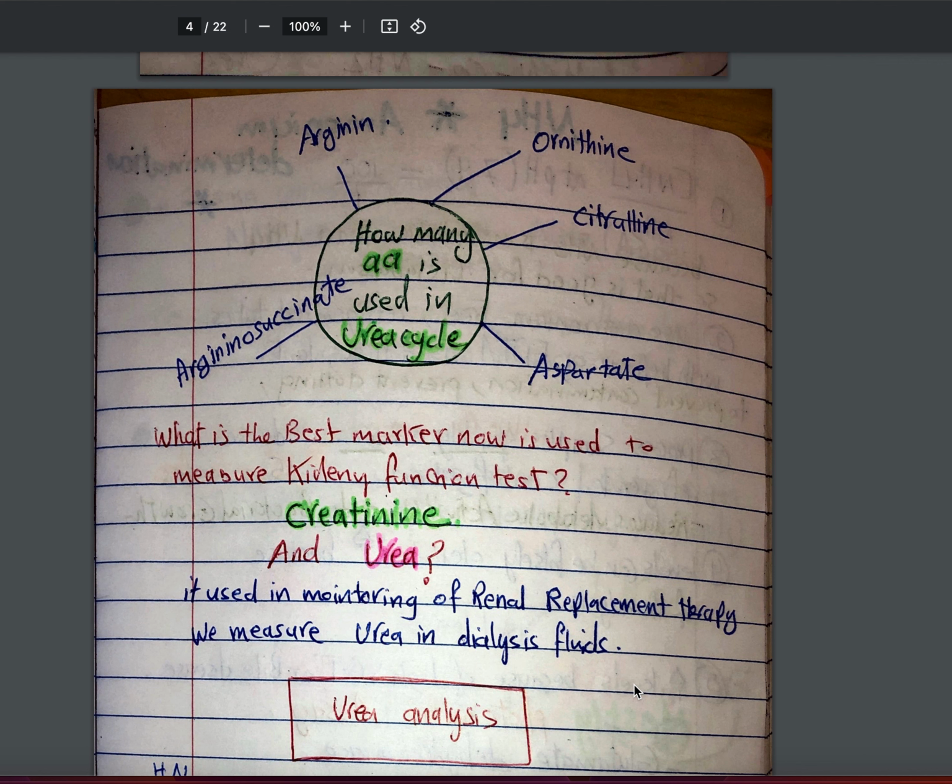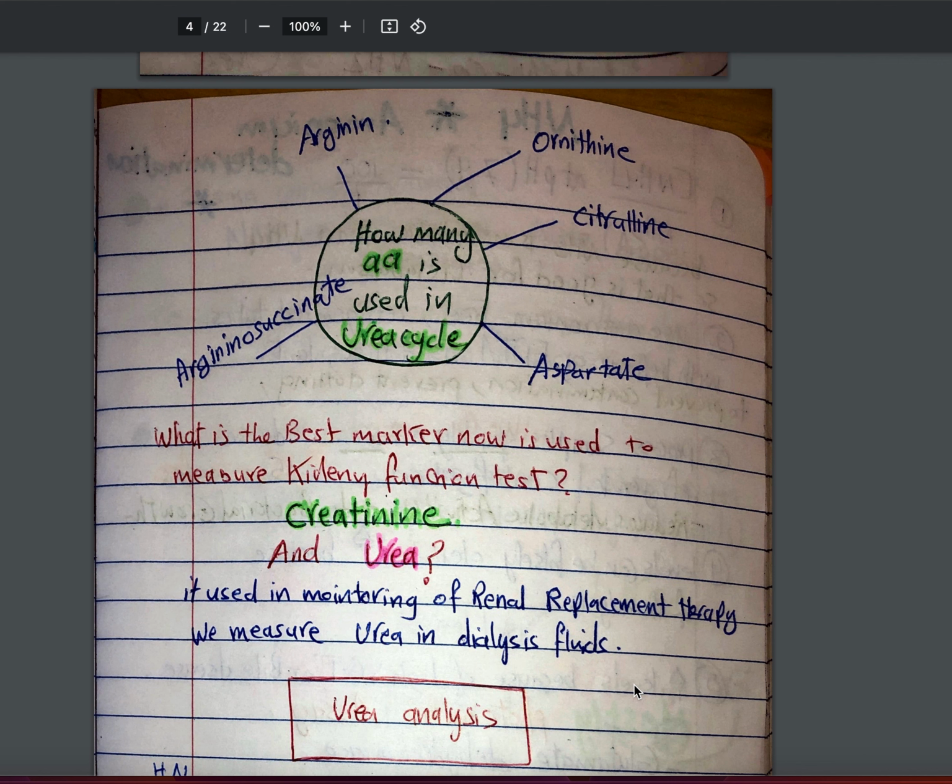Actually, we use urea in the lab test, but it is mainly useful in the case of dialysis fluid, where we measure the urea. In special cases, we measure the urea. But if we just talk about the functions of the kidney, the best indicator for that is creatinine. Why?